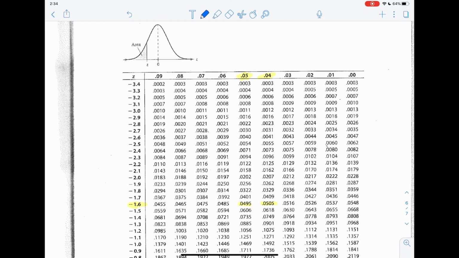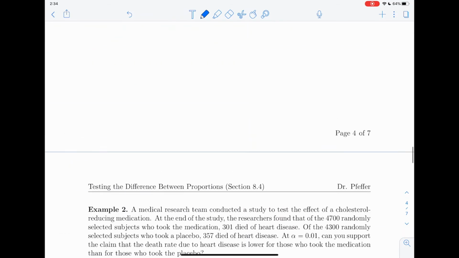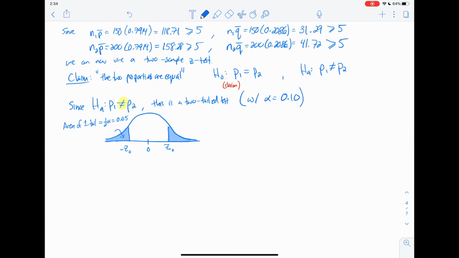Halfway between those lives a critical value of negative 1.645. So that means our leftmost critical value is negative 1.645. Let's import that value. Here we just found that our negative one was negative 1.645, and our positive one is therefore positive 1.645.